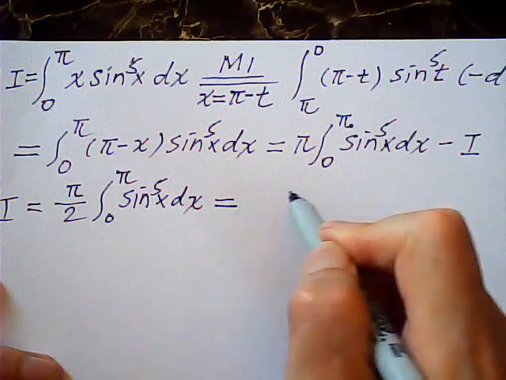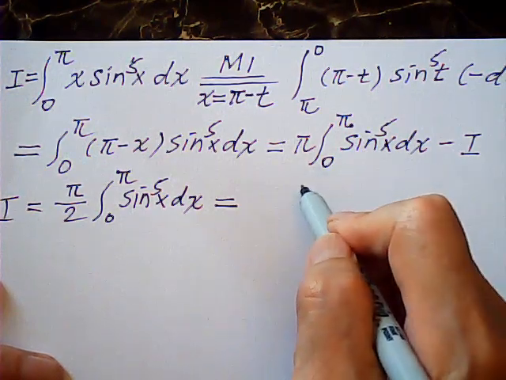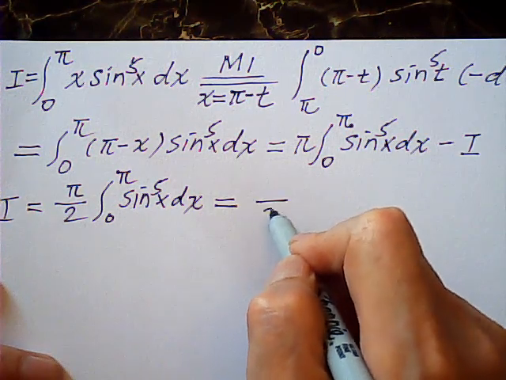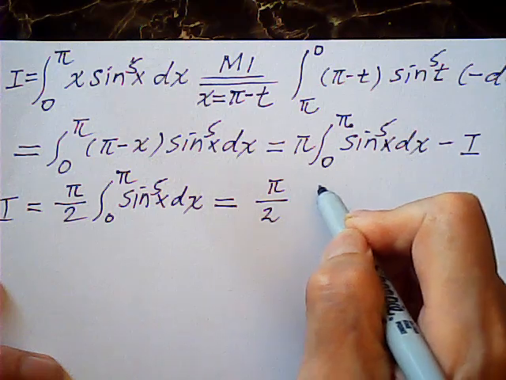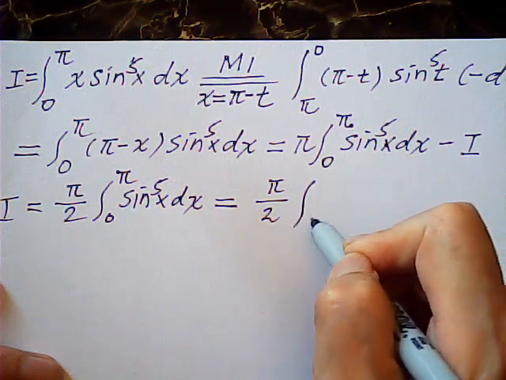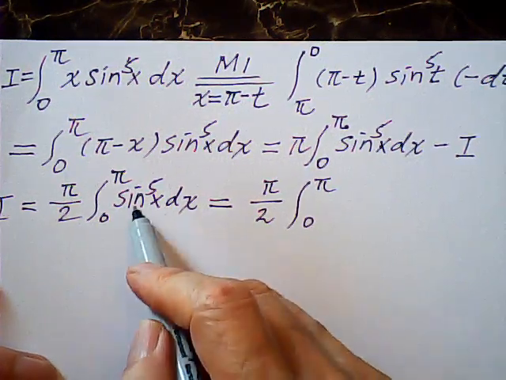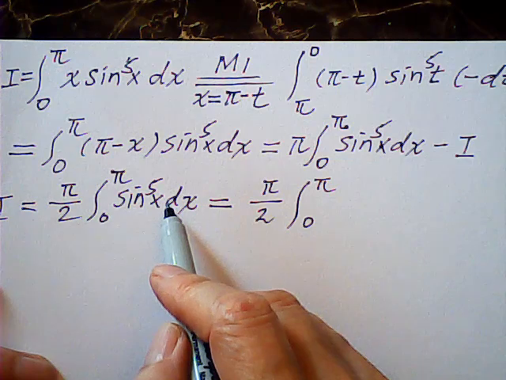This is equal to half pi from 0 to pi. Now sine 5th is sine 4th times sine.